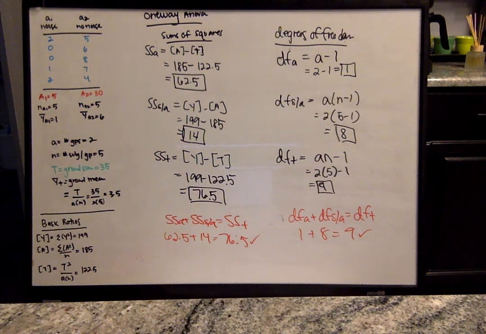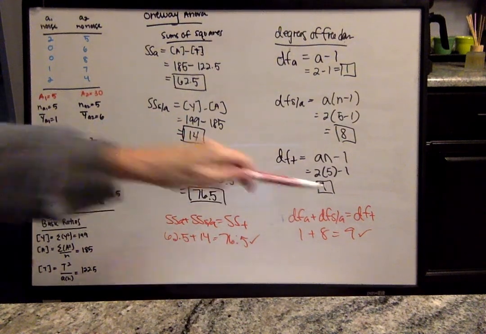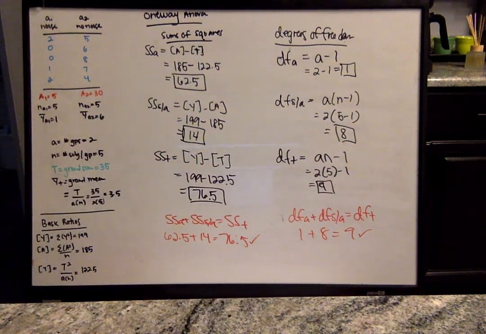There's another way of checking the degrees of freedom T. Our degrees of freedom T should be 1 fewer than our total number of observations. And that's the case always. For every ANOVA that we do, our degrees of freedom T is going to be 1 fewer than our total number of observations. In this case, we've got 10 observations, so our degrees of freedom T should be 9.